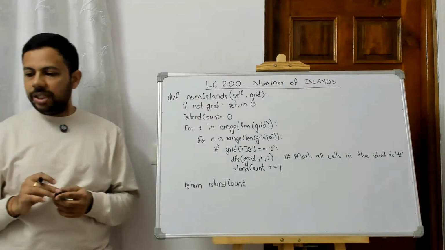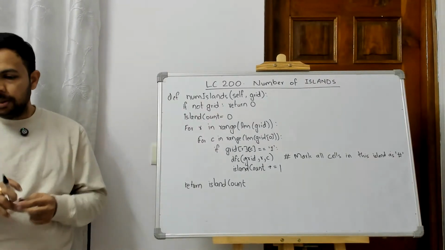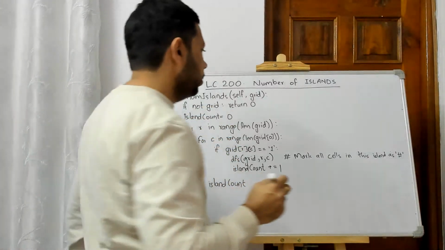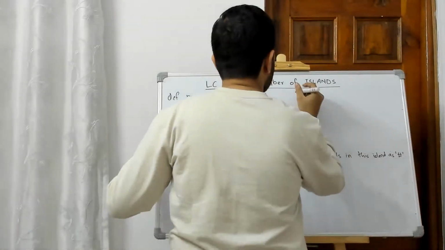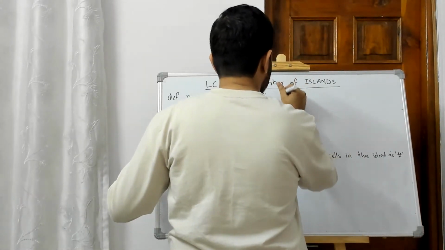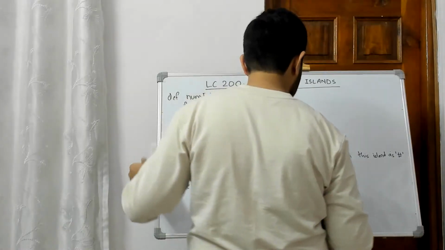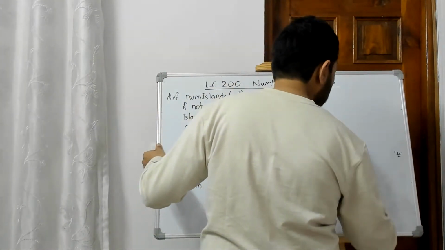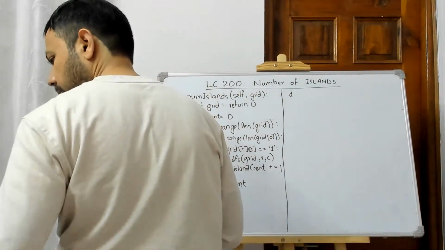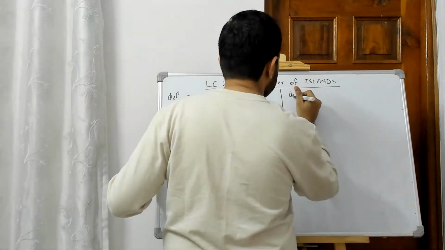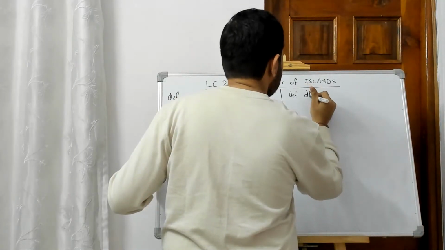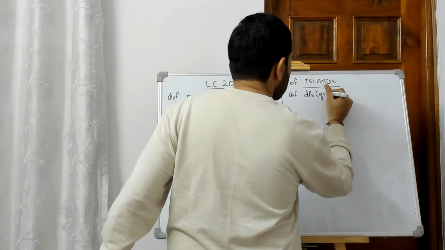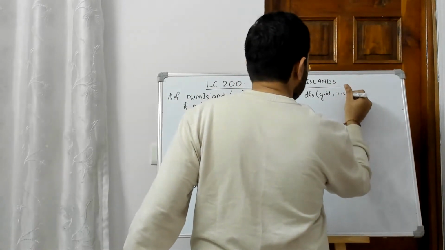Now the only thing that remains is how do you write this DFS? It's very simple. So I'll try to write it here. Let me draw a line here and let me rub this. So def DFS over grid, row, column.